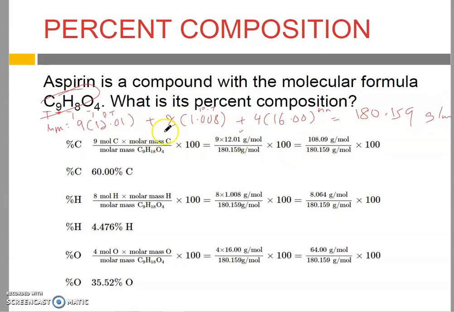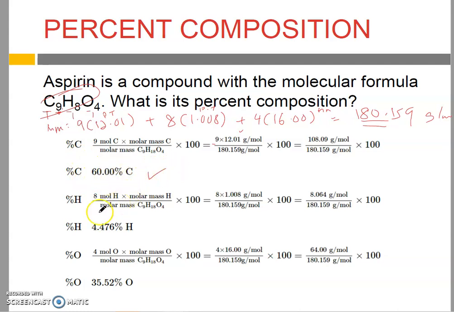This is the overall molar mass. Now we go back. The percent of carbon equals 9 times the molar mass of carbon, 12, over the total 180, then times 100% because it is a percent. Pressing the calculator, you will get that this aspirin contains 60% of carbon.